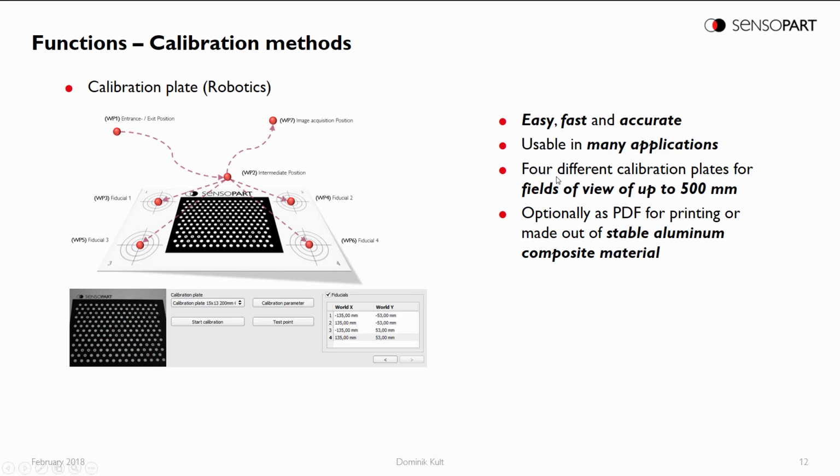With the 4 different calibration plates, we have the option to calibrate the VISOR up to a field of use of 500 millimeters. And we offer the calibration plate as a PDF printout file on the installation or as a stable aluminum composite material plate.